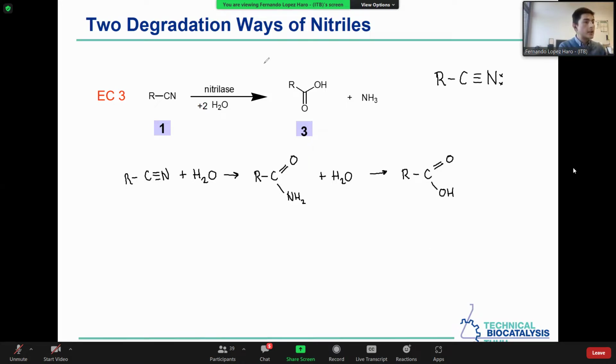And we put these into two different reactions, but this is all catalyzed by the same enzyme. So it is an EC3. It is a hydrolase. And this all happens fairly immediately, in a single process.